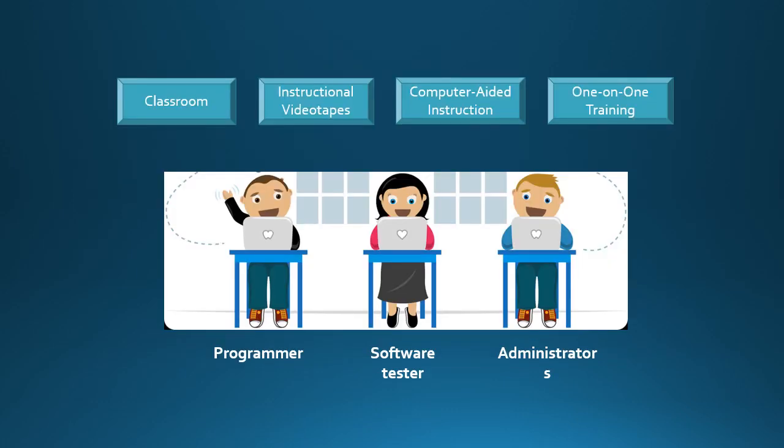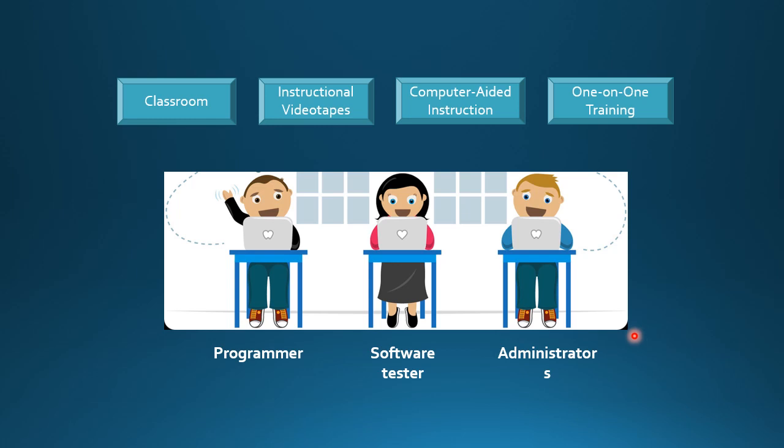Let's consider another example. ABC company employs a variety of software developers to provide customer software solutions to its clients. On its staff, the company has programmers, software testers, and system administrators.